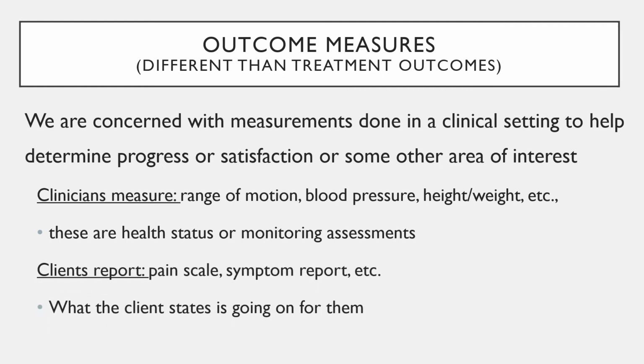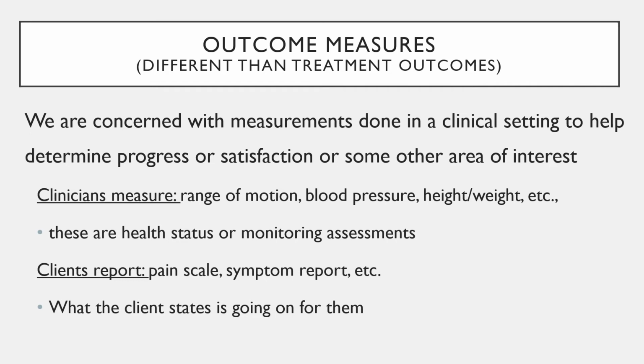Then there are client reports, which are things like pain scales. 0 being nothing, 10 being the worst, on your worst day, on the best day, on average. Those things you're kind of used to or getting used to in the pre-clinic workshop. And then asking people about their symptoms, right? So give me an idea about what your headache feels like. Where do you notice it the worst? Is it worse in the morning?